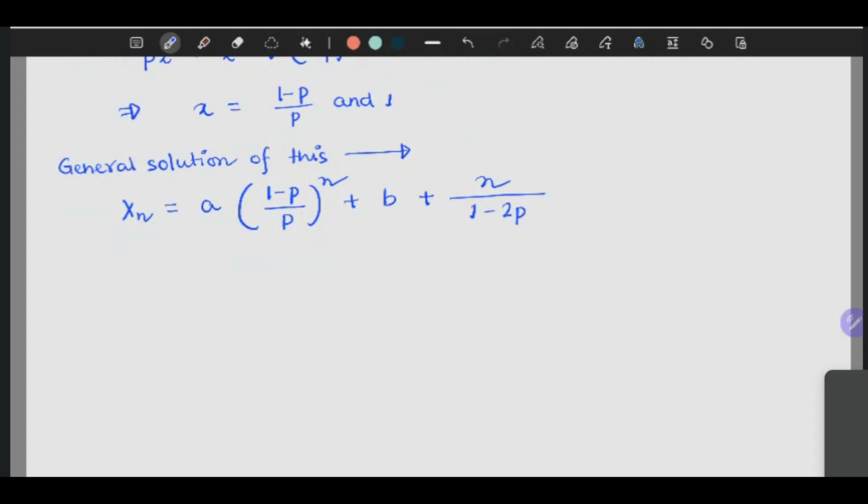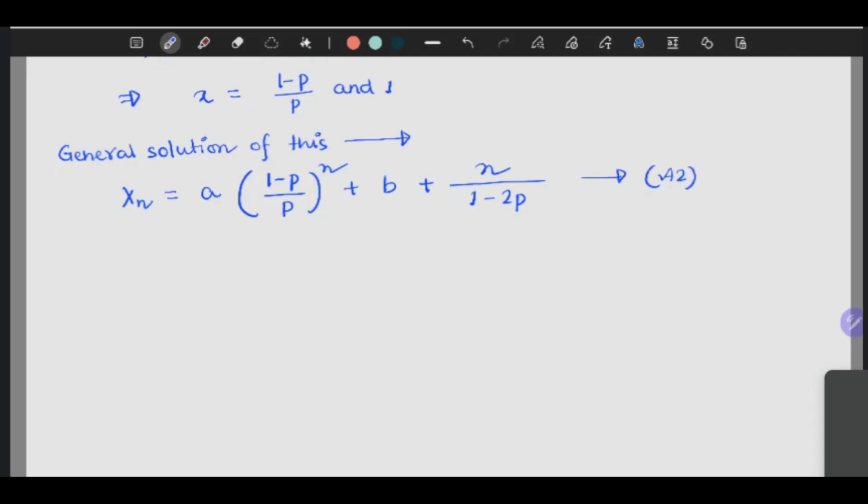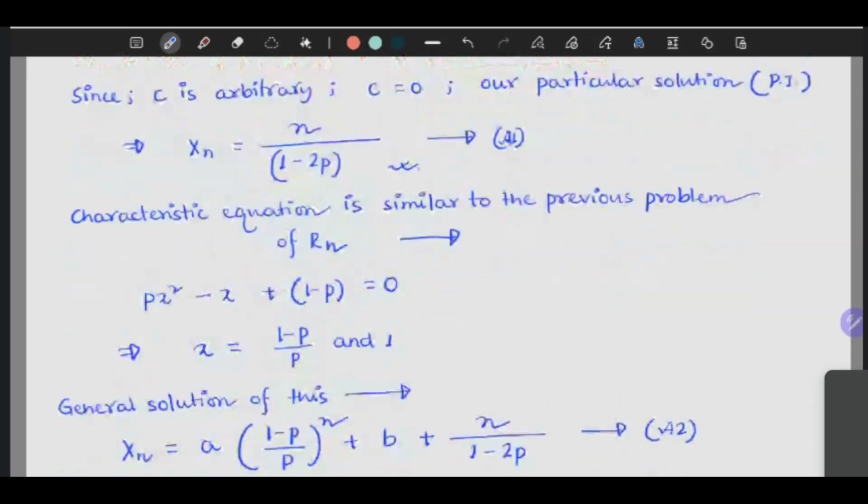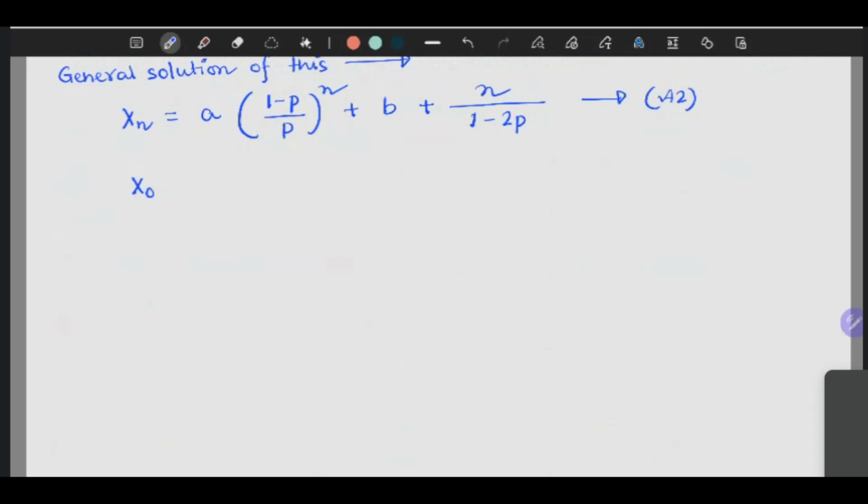Now you have to put the boundary conditions. So this, let me write it as a2.